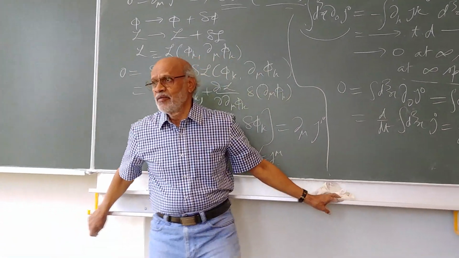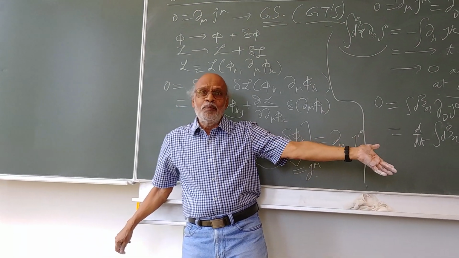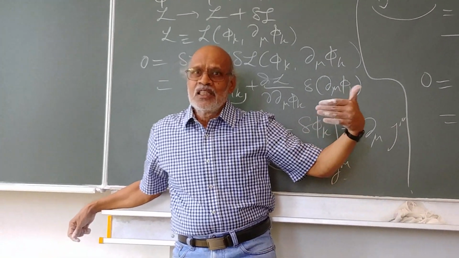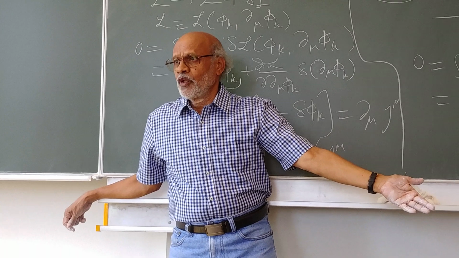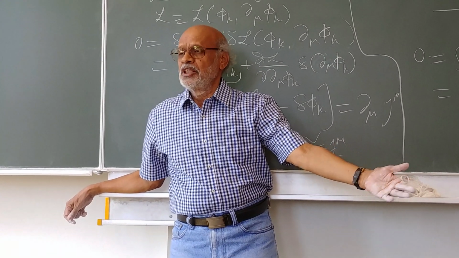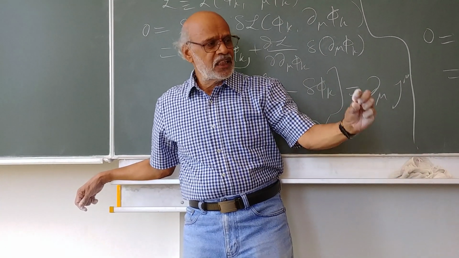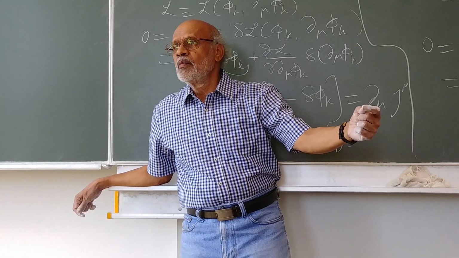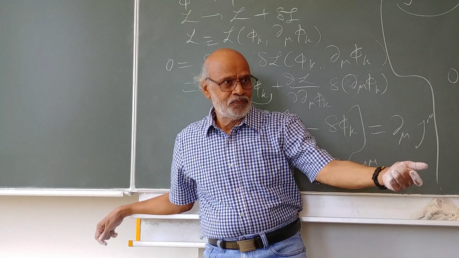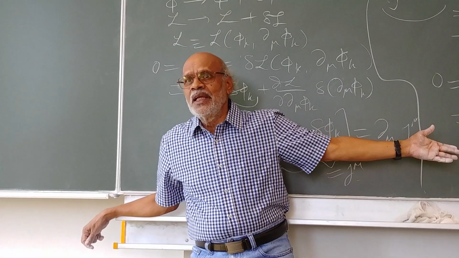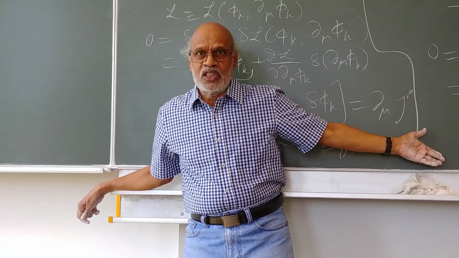So you find that if, for example, my theory has a symmetry called the gauge symmetry, which is an internal symmetry taking place at the same space-time point of the manifold, then this would lead me to the conserved charges.